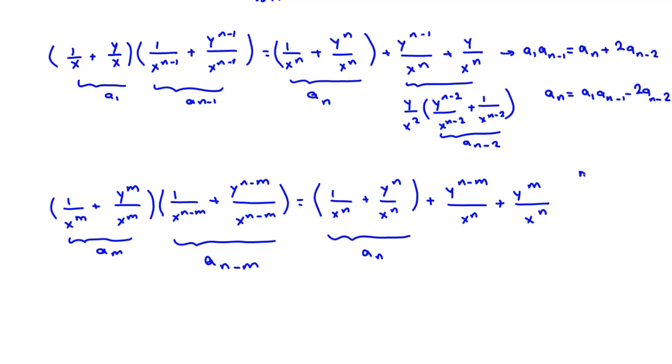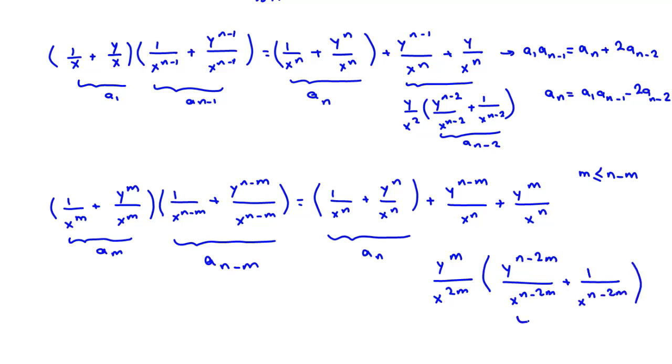Without loss of generality, you can say m is less than or equal to n minus m. Then we can factor from y^m, and so it will be n minus 2m. Like here, if we factor from y^m and x^(2m), so the first one will be y^(n-2m) over x^(n-2m) plus 1 over x^(n-2m). And it will be what?